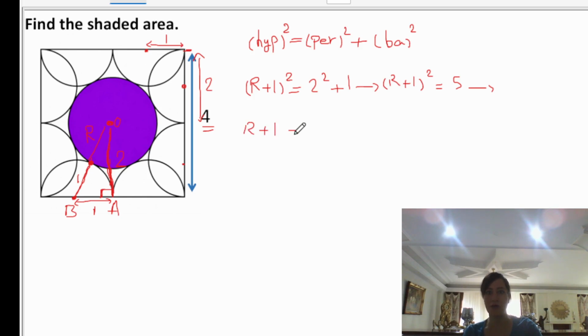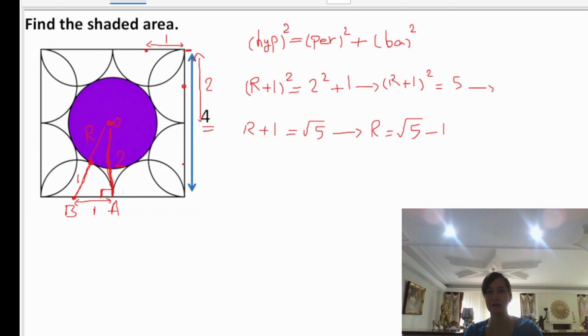I have r plus 1 equals square root of 5. I bring 1 to the right side, so r equals square root of 5 minus 1. That's it. I found r. The value of r is square root of 5 minus 1.